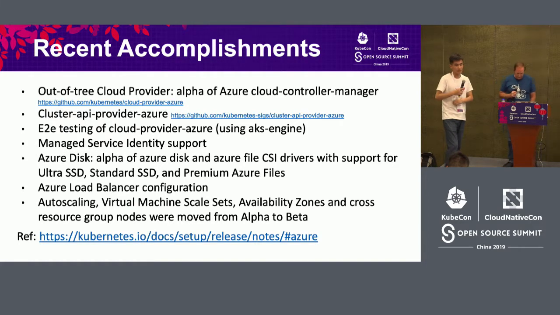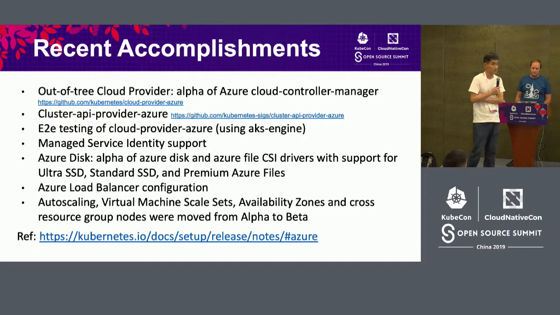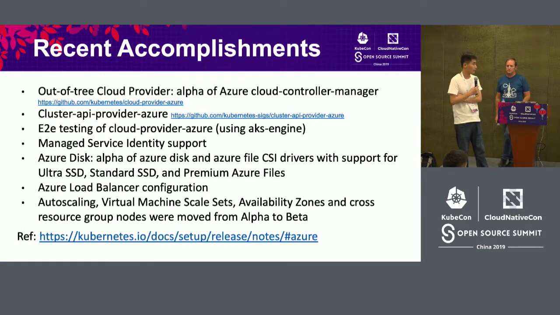Okay. Next, I will give a simple introduction about the recent accomplishments of SIG Azure. The big thing is that over maybe the next two or three releases, we would move the cloud provider, especially all the cloud-specific code, out of tree.